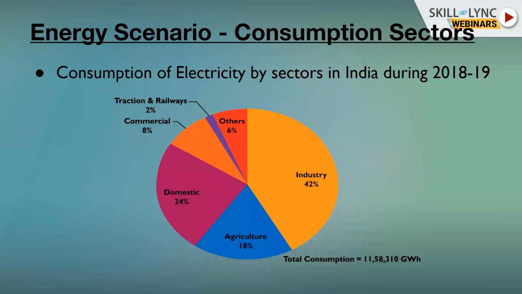So of the total production of electricity, they use only 2%, because in India the railway is the major transportation, but they are utilizing only 2% of the electricity we are producing in that country.